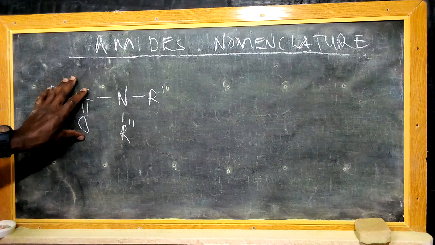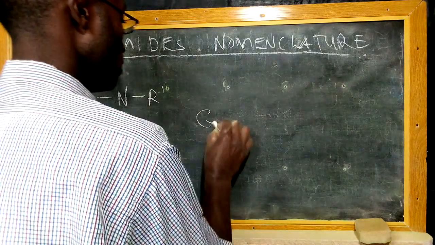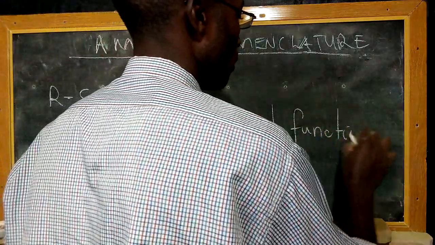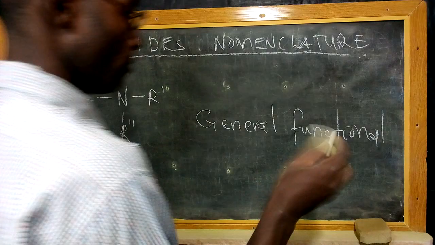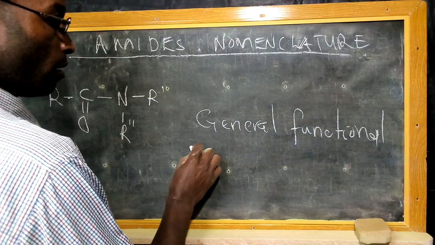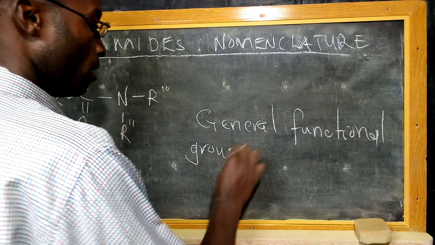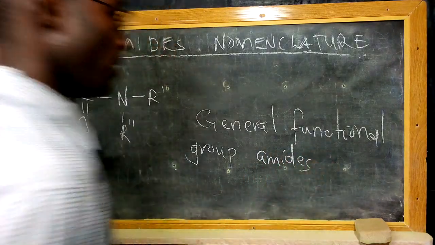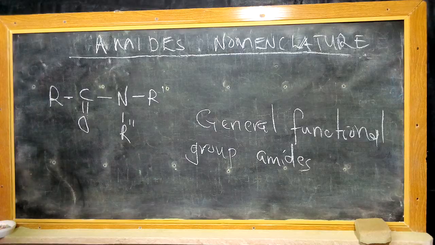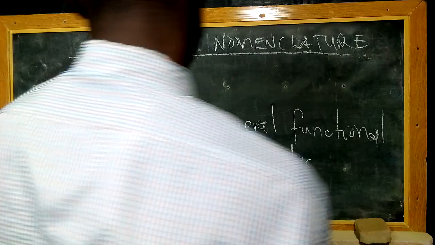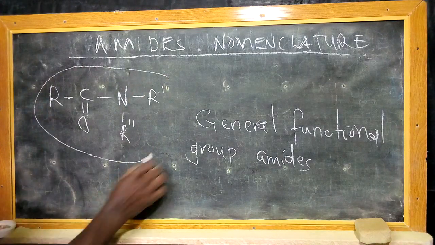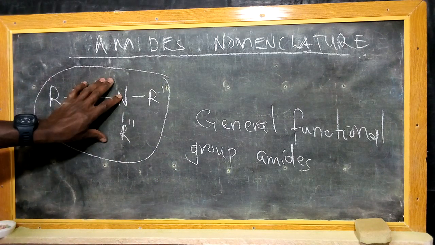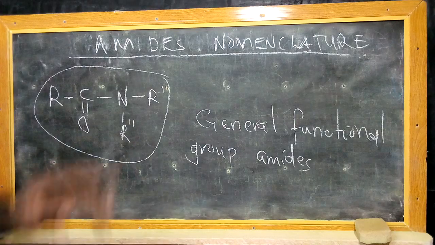But this is a general functional group for the amides. Basically, it's a general formula that is used for all the amides. So this is a functional group that demonstrates the general formula for the amides.